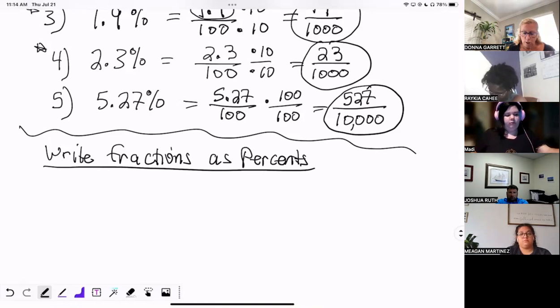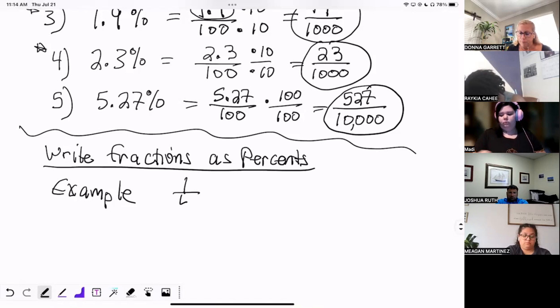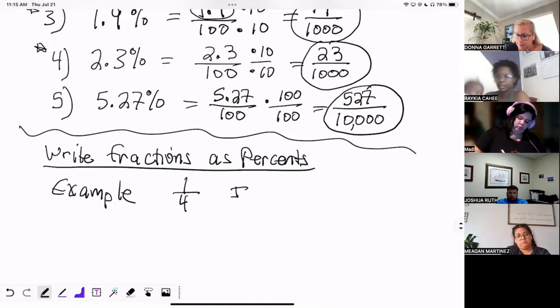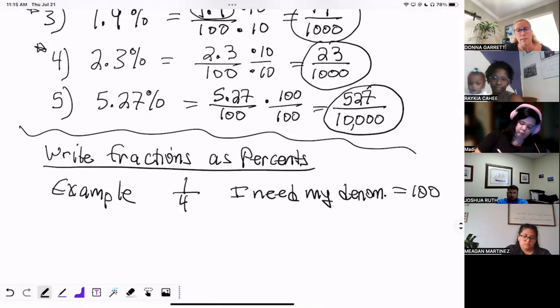Let me do an example first before we actually do some problems. Say I have a quarter, 1/4. I want to make it a percent. To make it a percent, I need my denominator to equal 100, right? A percent is so much out of 100.